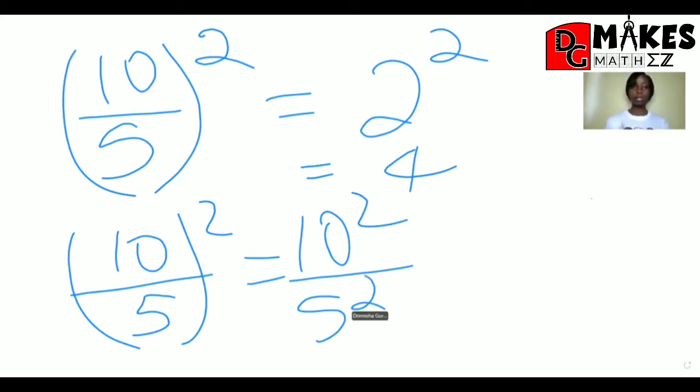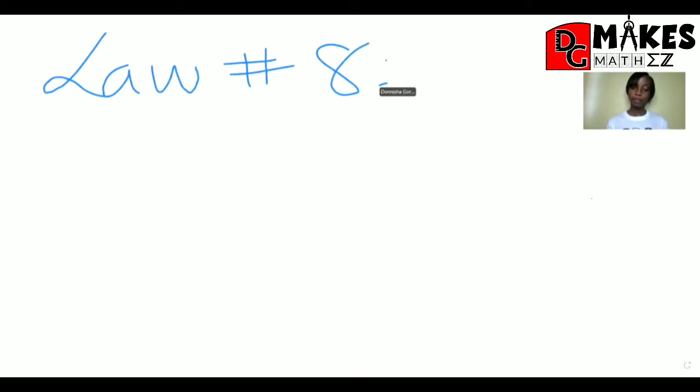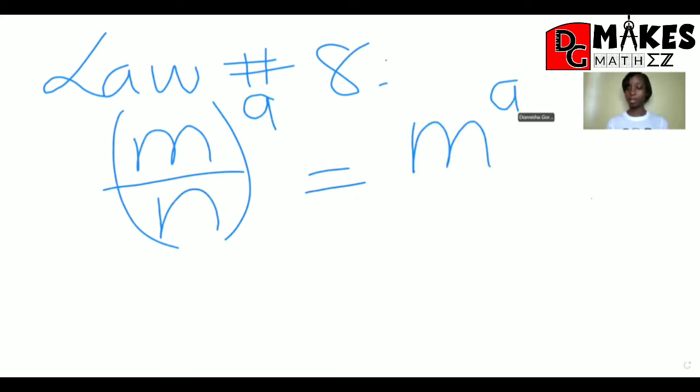So we can square the numbers individually, and we get 100 over 25, which will still give us 4. So our 8th and final law looks like this. If I have a quotient and I'm raising it to a particular power, I can take the numbers and raise to that power individually and divide. All right, so that's it for law number 8.